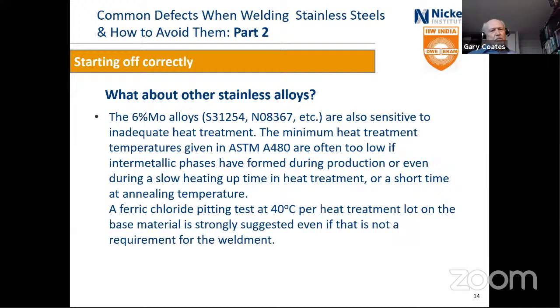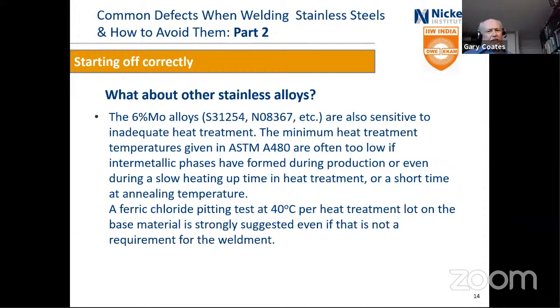But they may actually meet the ASTM, for example, spec, or any other specs. And this is one issue with the 6 Moly alloys, is that the minimum heat treatment temperature given in the ASTM spec is too low in many cases.